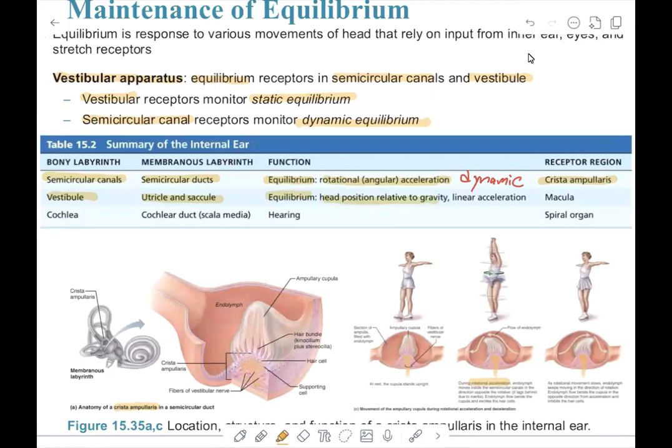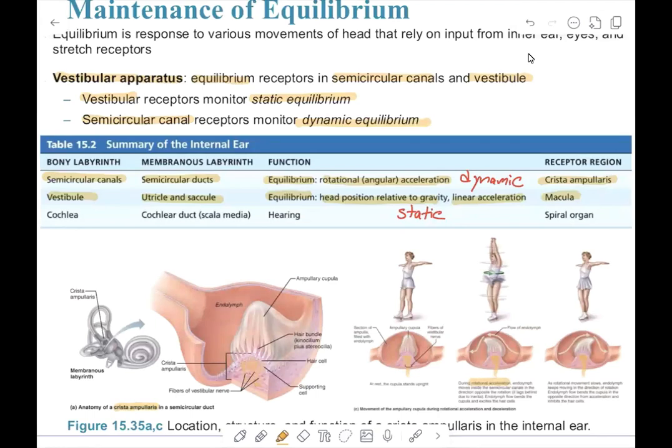So moving your head forward or backwards, or being in an elevator. So again, static equilibrium is for the vestibule. Dynamic is in the semicircular canals. And those receptors are called the maculae. So in both those situations, information travels via the vestibular part of cranial nerve number 8.